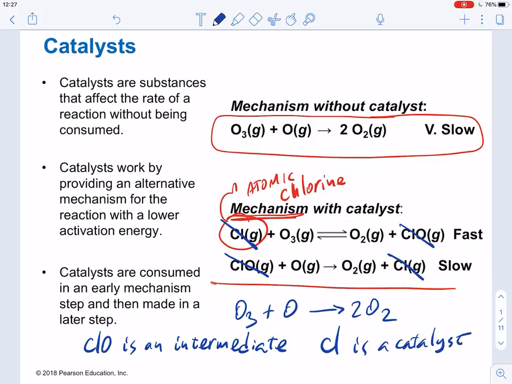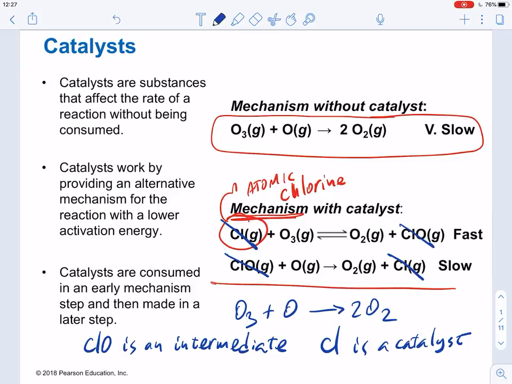Now, how can you identify that? Because you can look at a mechanism and you can identify out of that mechanism who is the product, who is the reactant, who is the intermediate, and who is the catalyst. Well, a catalyst is consumed early in a mechanism and then is regenerated later on in the mechanism.